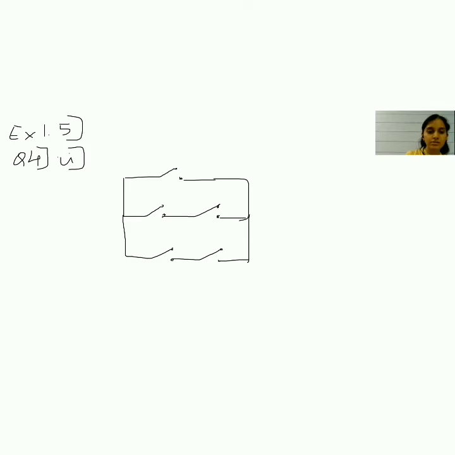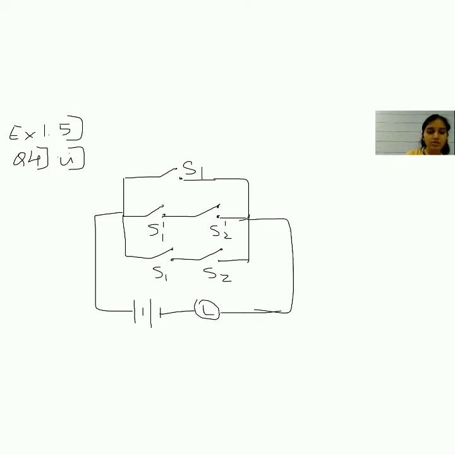That is, this is S1, S1 dash, S2 dash, S1 and S2, and these are all in parallel and connected with the battery and your lamp. So this is your current.